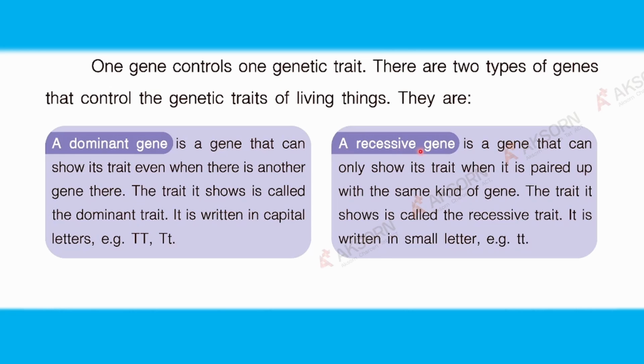A recessive gene is a gene that can only show its trait when it is paired up with the same kind of gene. The trait it shows is called the recessive trait. It is written in small letters. Example, tt.